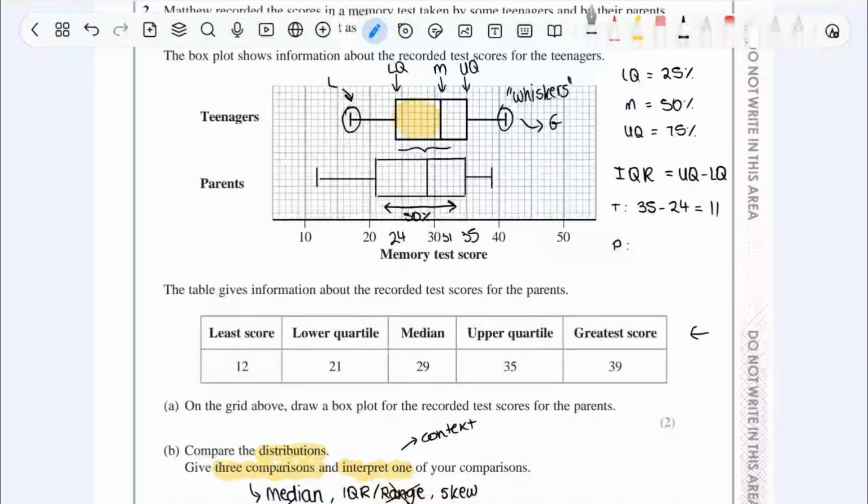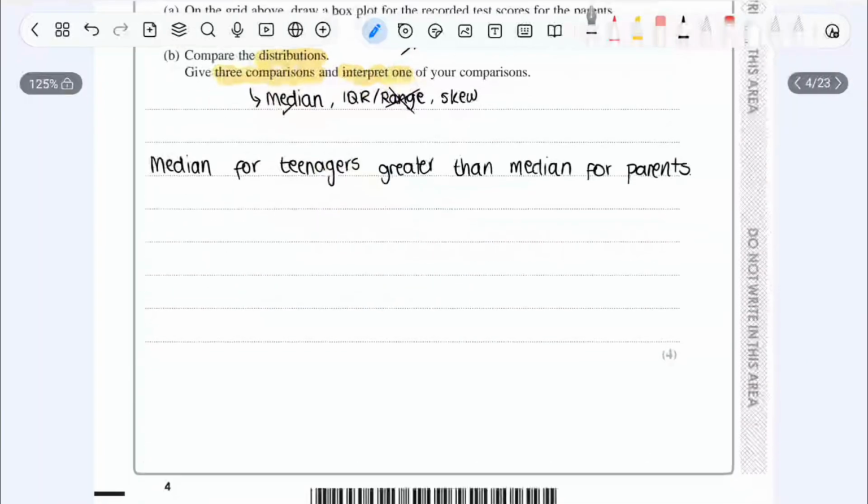For the parents, well, we just got our ones here. We can use our upper quartile of 35, and we can also use our lower quartile of 21. So that's 14. So the IQR for parents is greater than the IQR for the teenagers by our calculations. We're going to also write that.